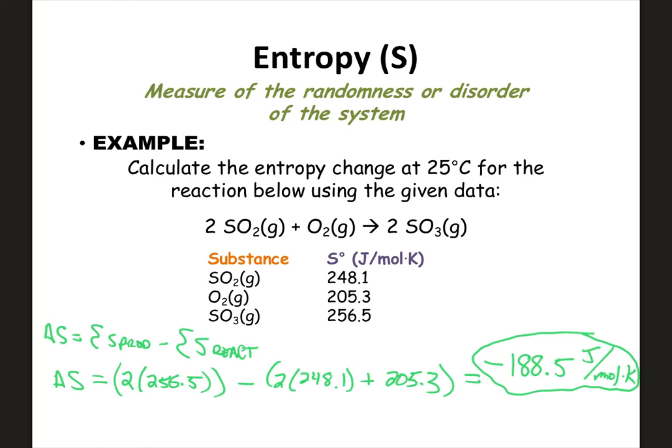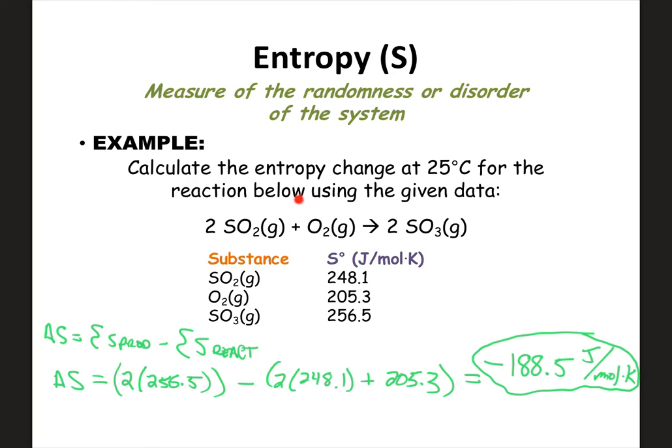But if you notice, on the reactant side, we have a total of 3 moles of gas, and on the product side, there's just 2 moles of gas. We actually decreased the number of moles of gas, so we are decreasing our entropy. There's going to actually be more organization here when the products form in this case. All right, so our entropy is actually a negative value, not preferred, but can still happen.